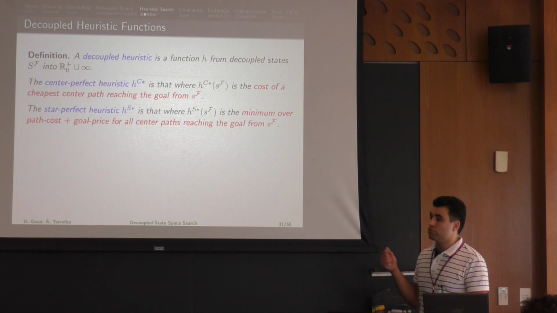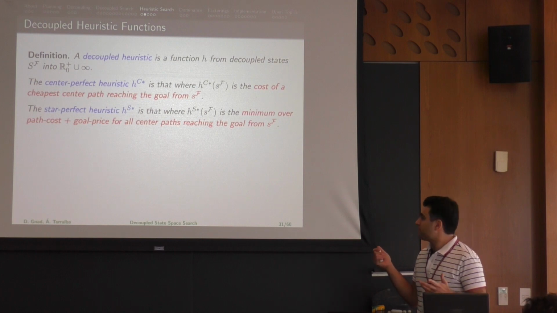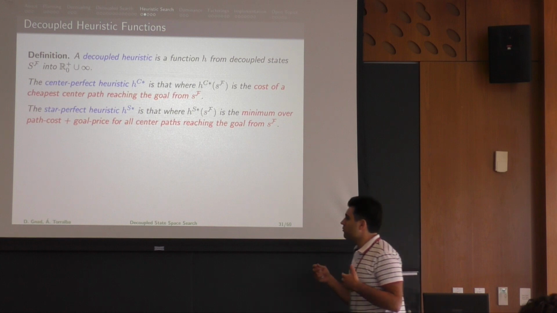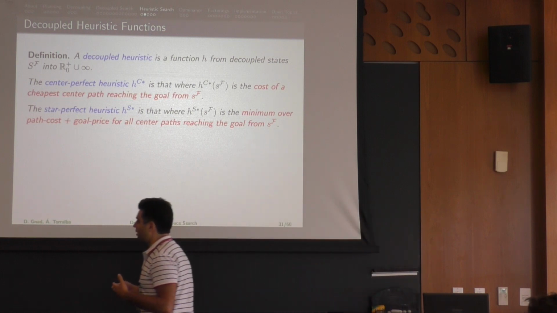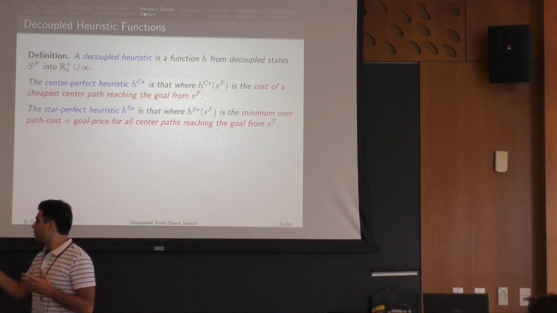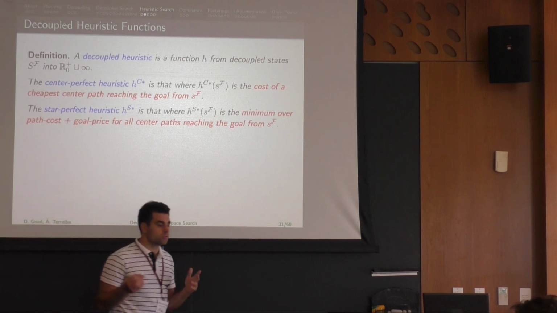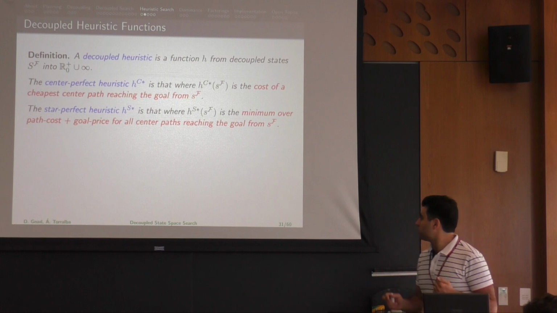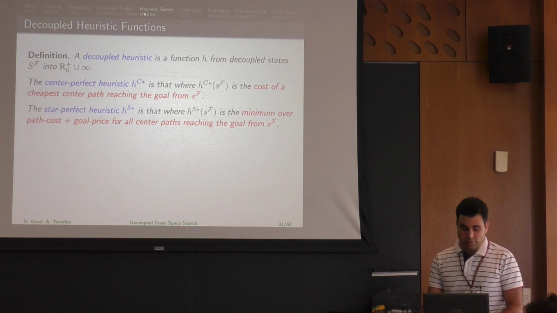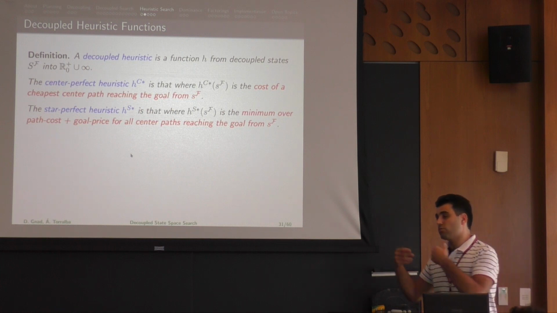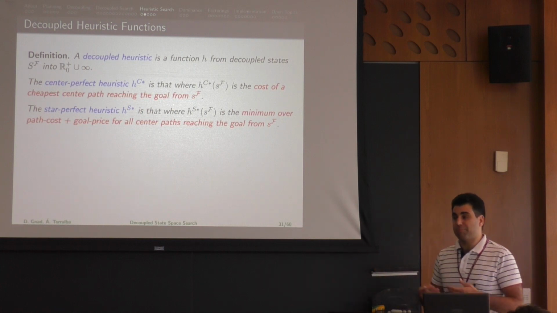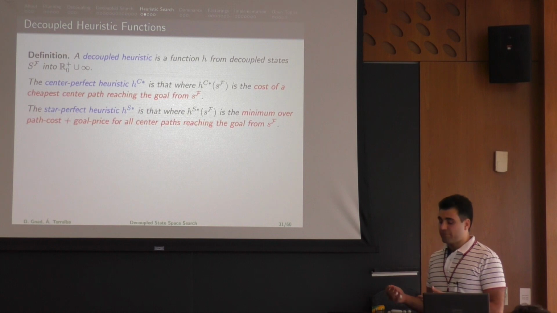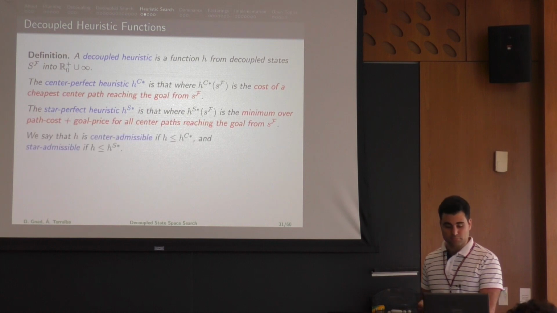Now, if you are trying to do optimal planning, what you want to obtain is as good as possible a lower bound for the total cost of reaching the goal, and therefore you need to take into account not only the cost of the center actions, but also the price of the leaf goals at the end.